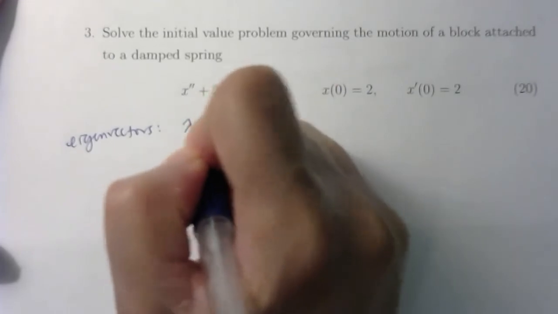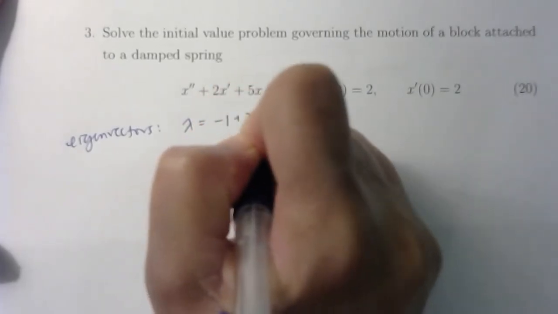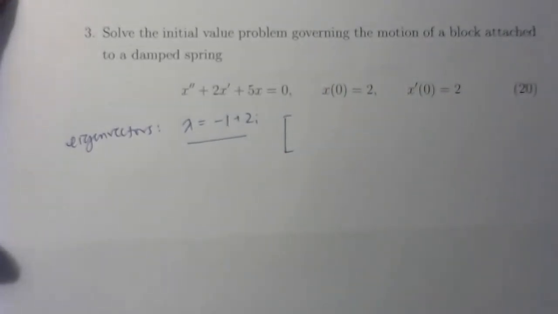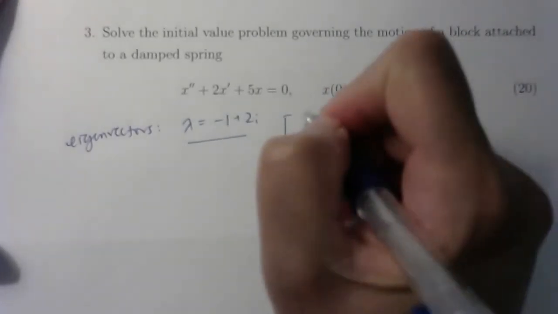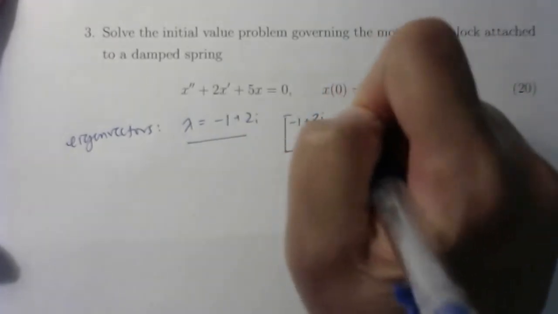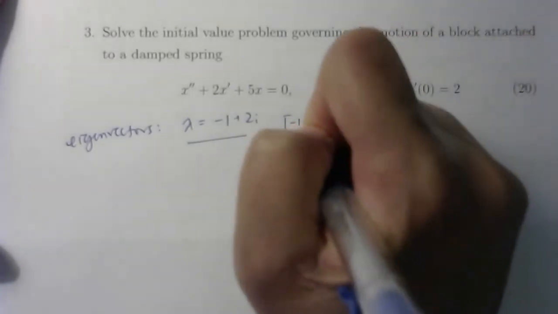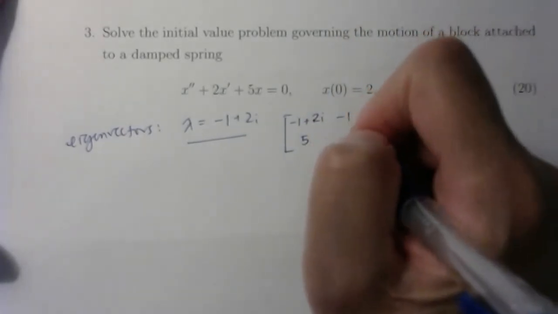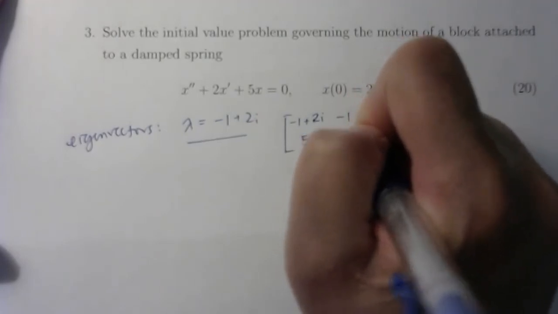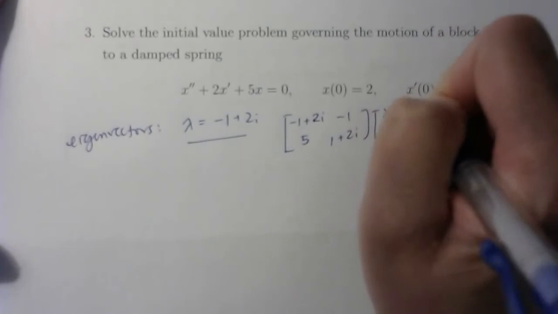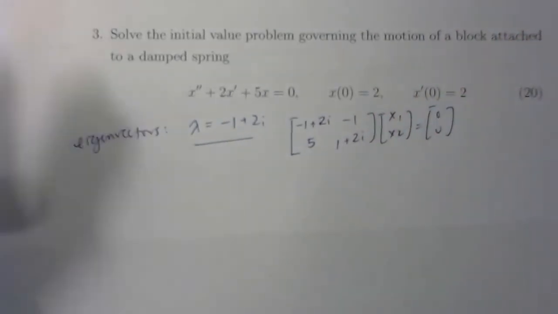So if lambda is equal to -1 plus 2i, the matrix equation to solve is [-1 plus 2i minus 1, 1; -5, 1 plus 2i] times x1, x2 equals 0, 0.